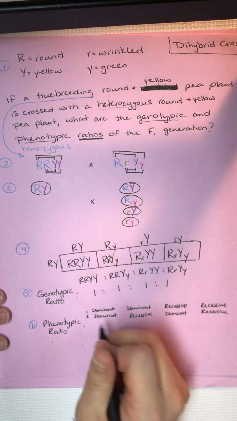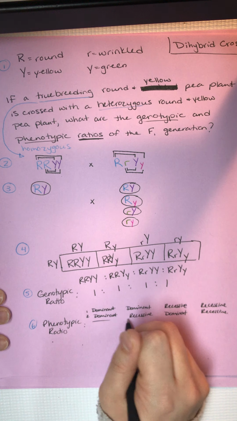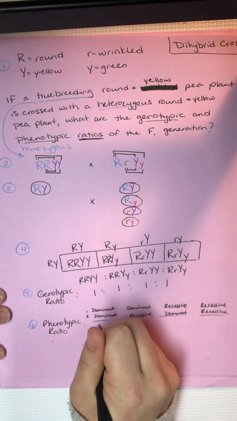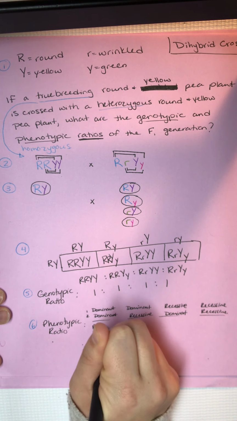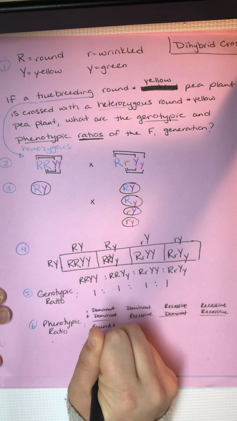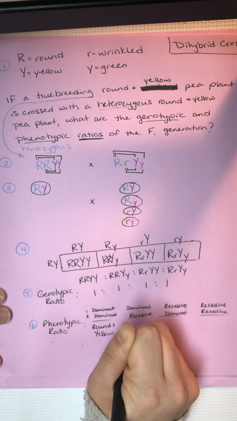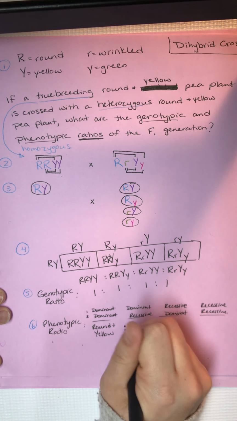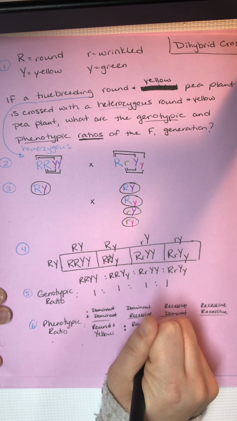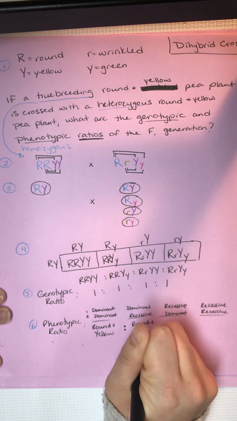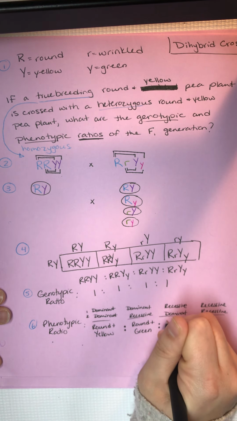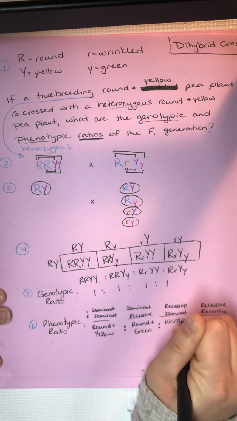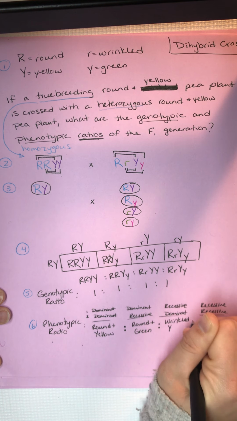Okay, so what I mean by that then, right? So this is the example. We're going to have our 2 dominant traits, which is a round and yellow plant. And we're going to compare that to round and green, because that green is the recessive trait. Then next we'll do wrinkled, and then the dominant and yellow.